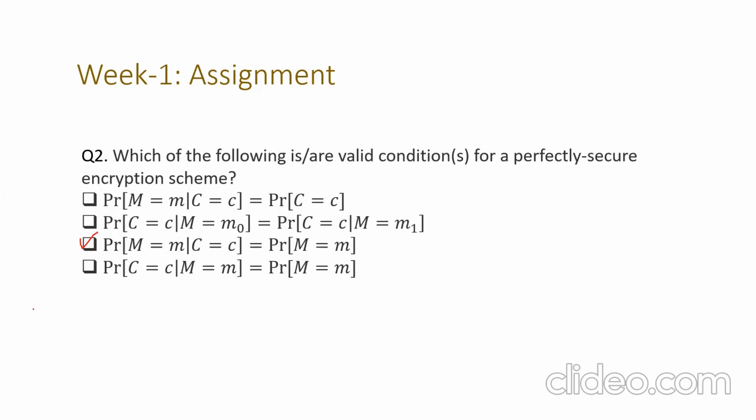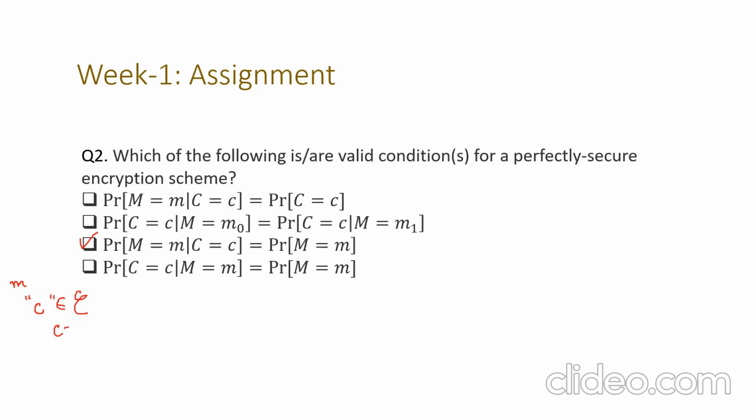The fundamental thing of perfect secrecy says that whenever an adversary sees the ciphertext corresponding to some message M, it sees the ciphertext. Of course, it belongs to the ciphertext space, right? And this capital C is a random variable which can take any value from this ciphertext space.